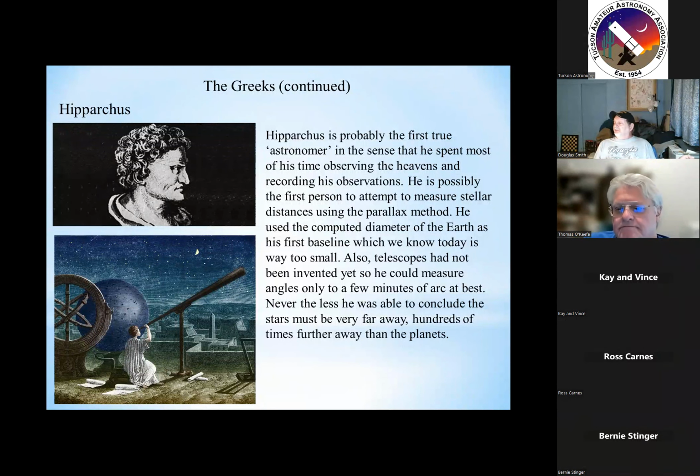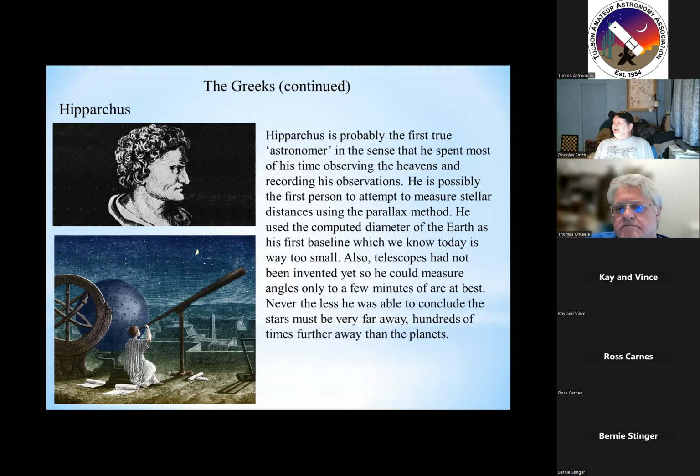And they hadn't really computed what the radius of the orbit was. So they could not use that as a baseline for their parallax. Hipparchus used the diameter of the Earth as his baseline. He would do a measurement at one time of night and another measurement 12 hours later.